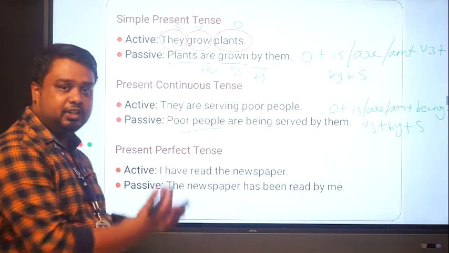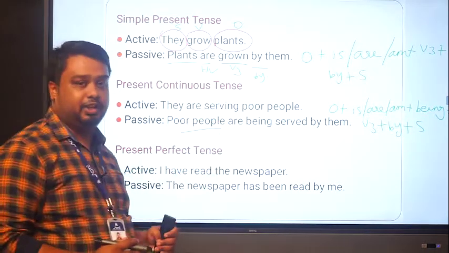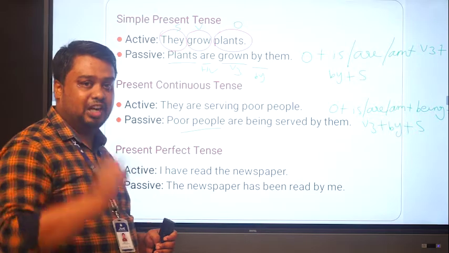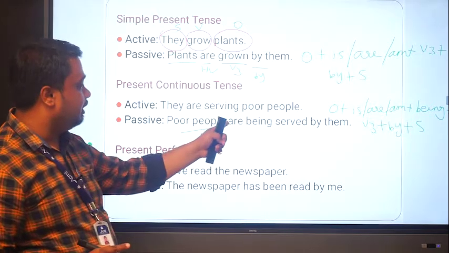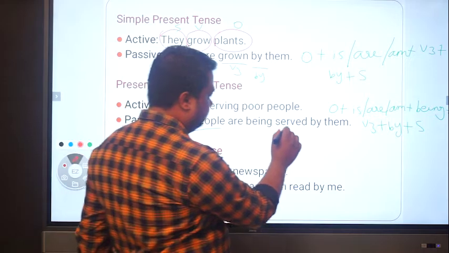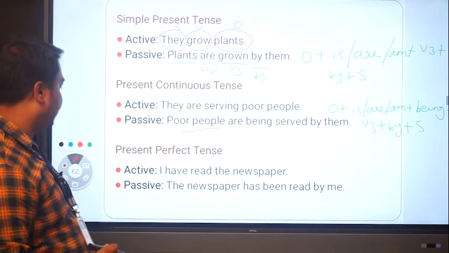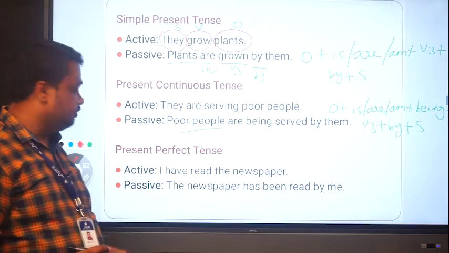So if we convert into passive voice, a child is being served by them. Here, poor people is plural, so we have used are. Poor people are being served by them. Got it right?